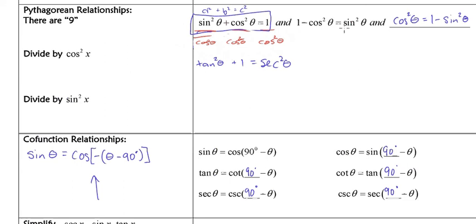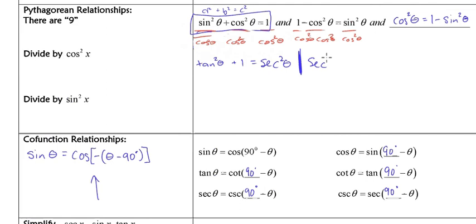If we were to take this 1 minus cosine theta squared equals sine theta squared and divide everything by cosine squared, well, we get a similar kind of relationship. So this time we have that 1 divided by cosine, remember that's secant.